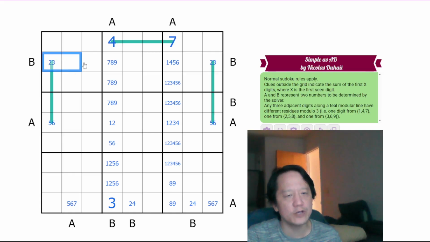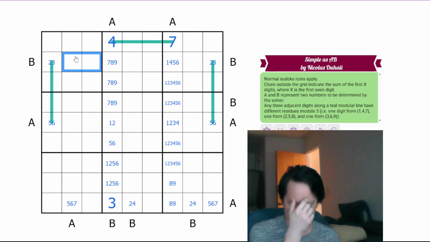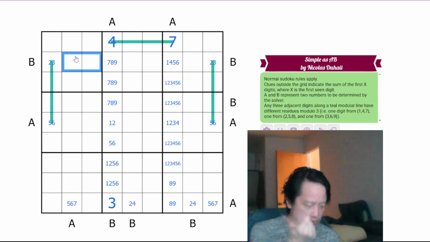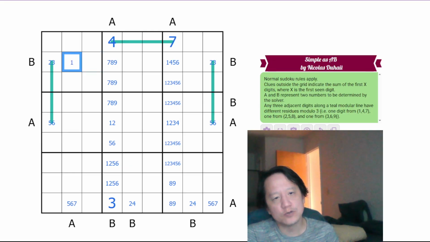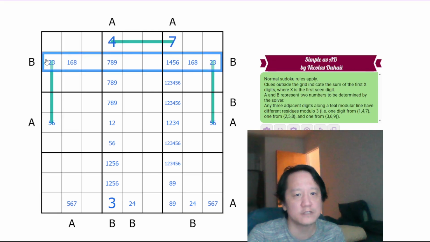So if we have 3 here, it adds up to 10 without the 2. So 10 minus 3 is 7. We don't have 3, 4 available. We don't have 2, 5 available, so it's 1, 6. So this is either 1, 6, or 8, and this is 1, 6, or 8 here. And we have a guaranteed 1, 6 is one of these 3 digits.